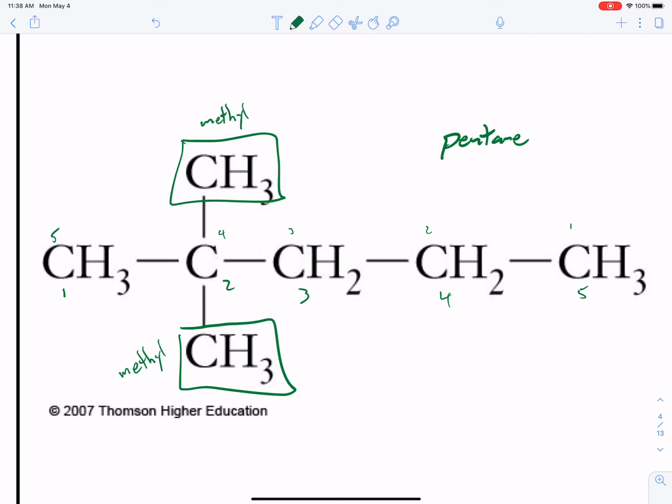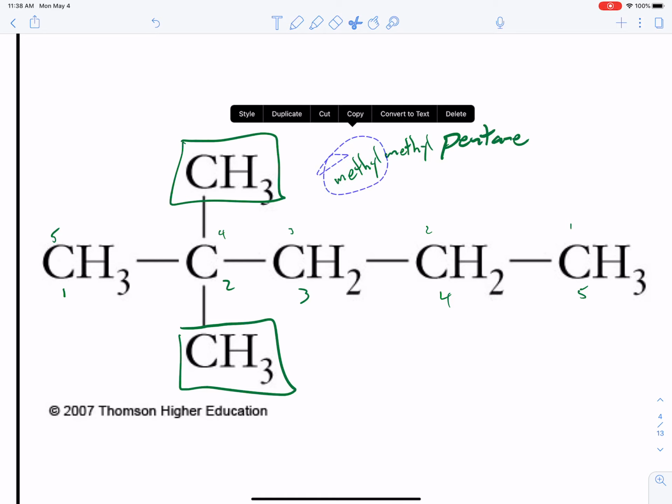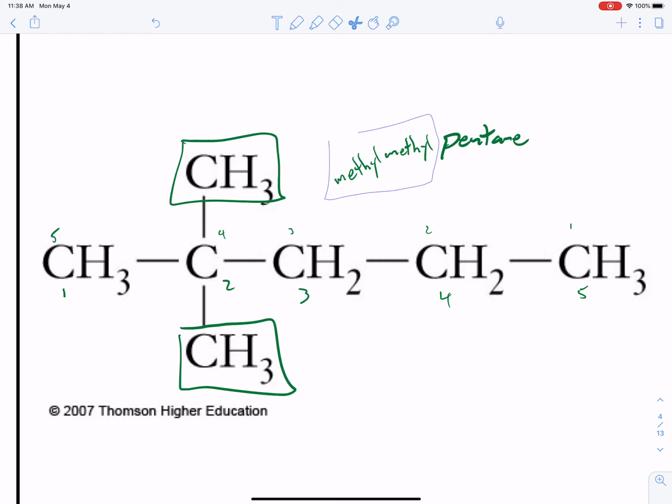So what should I do? Should I take this thing as I've done before and do that, and then take this one and do that? This looks kind of weird, doesn't it? Do we want to label this thing as methylpentane? Or is there a way that we could label it better?